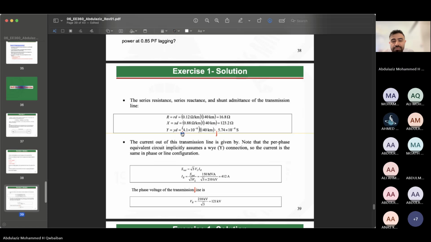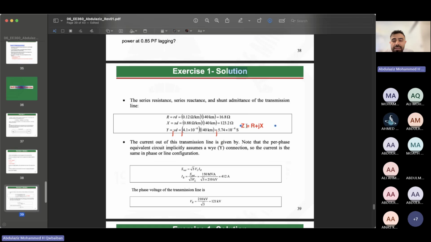Forget the J? Okay? Do not forget the J. It's not only that, maybe it's better to write Z equal R plus JX here.